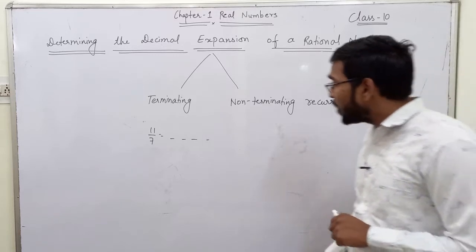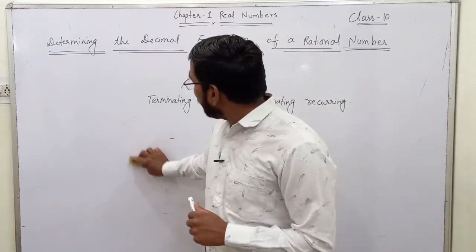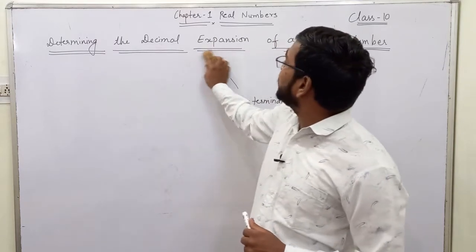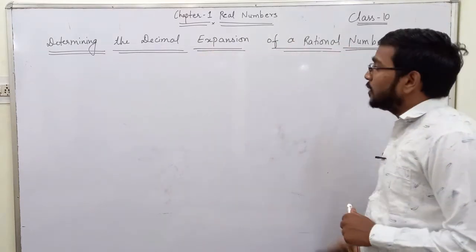Now for a rational number to have a terminating decimal expansion, there is a certain condition.